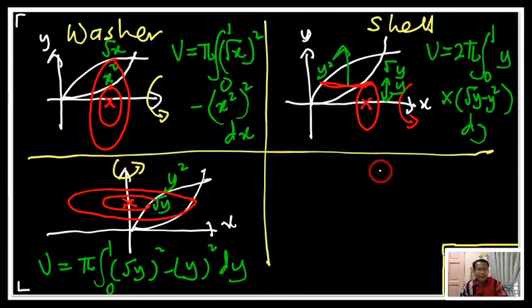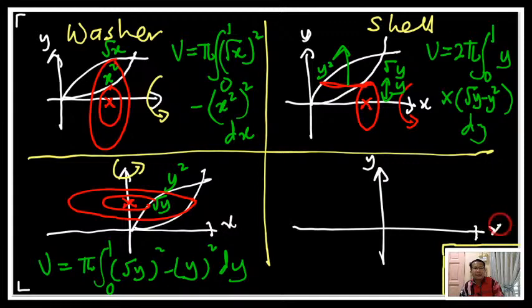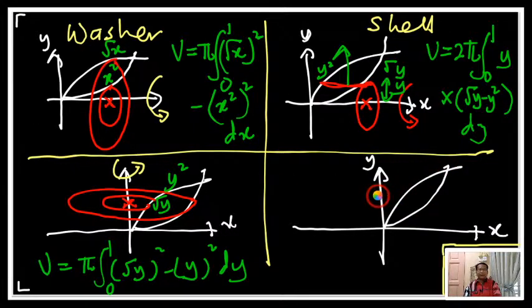Okay. And finally, the last one for today. Like this, you have a circle. This one goes down because cylinder.